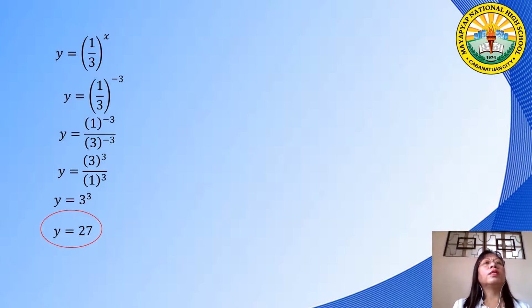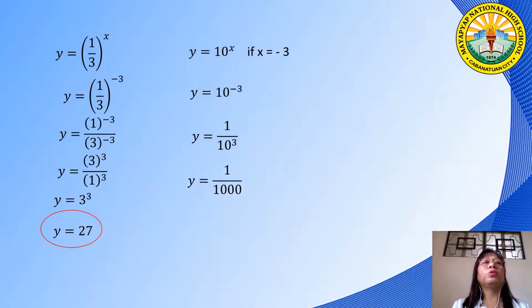Using another example of an exponential function, y = 10^x. If x = -3, we have y = 10^-3. Then again, simplify. Your exponent is negative, so y = 1 over 10^3, so y = 1/1000.